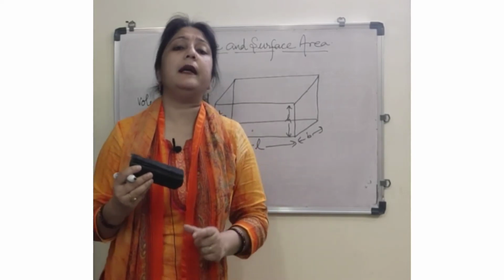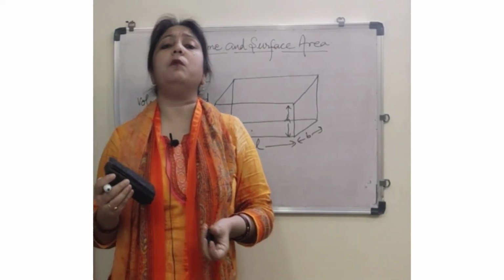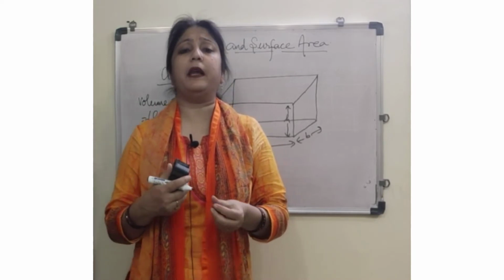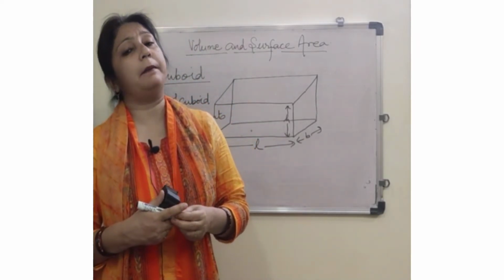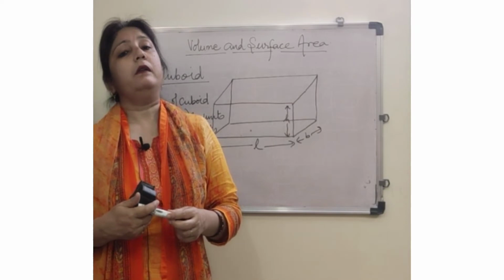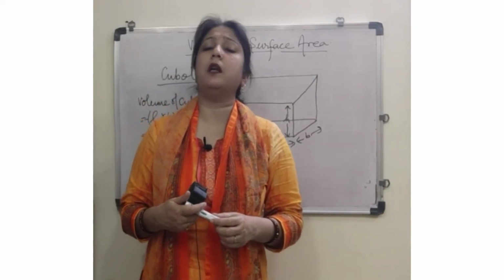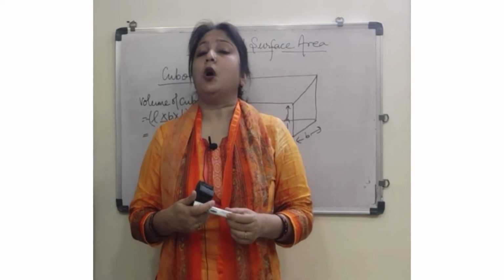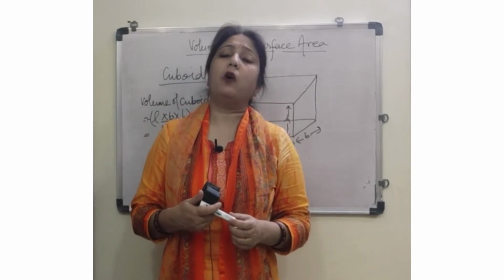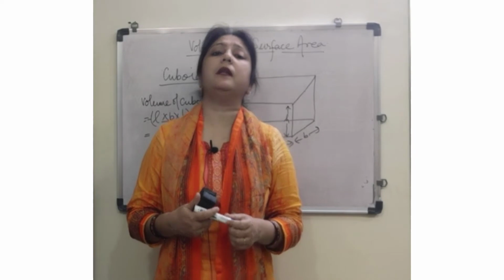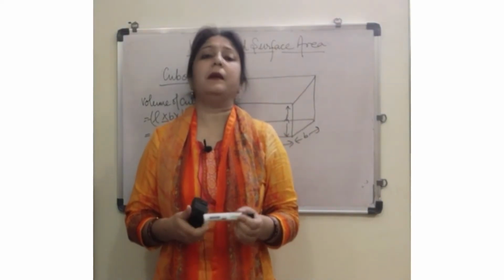The only condition to find the volume of a cuboid in numbers is that all three dimensions must be the same unit. Either all should be in meter or in centimeter or in decimeter, whatever it is, but all three must be the same.